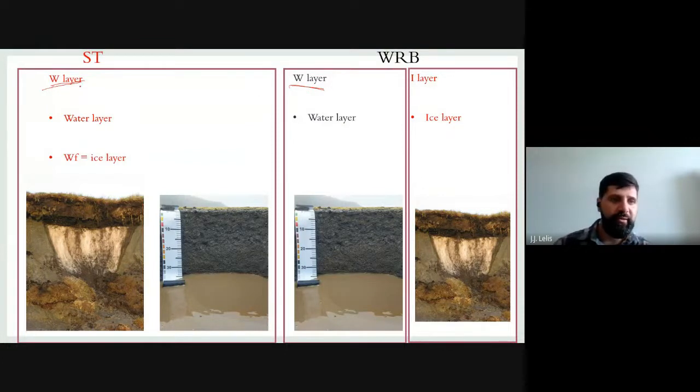In soil taxonomy, if you have a water layer, you have a W layer. It could be liquid water or frozen water, ice or water in a liquid or solid state.